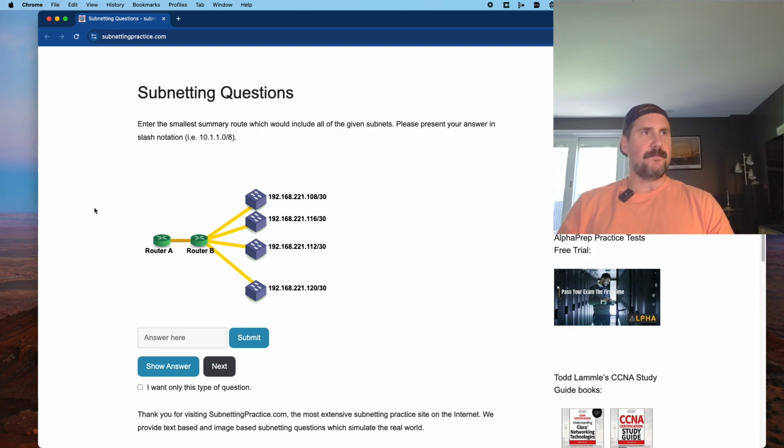Okay, so summary routes. Enter the smallest summary route, which would include all of the given subnets. Please present your answer in slash notation.